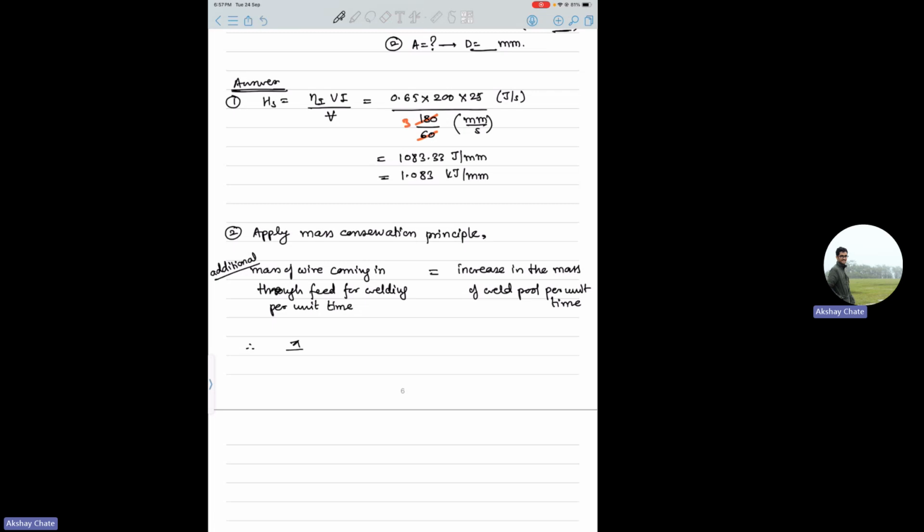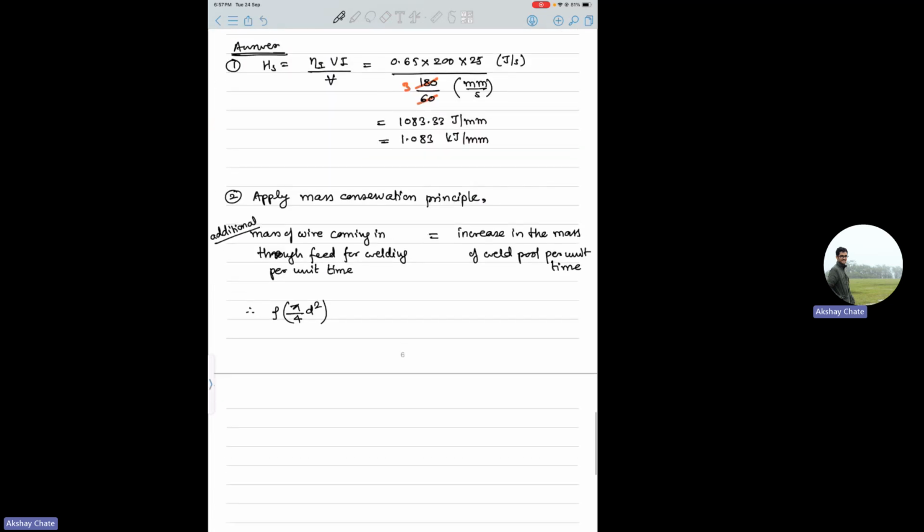So then you have pi by 4. See, the density of wire, let's say rho, then mass is density into volume, and volume will be area into velocity. So this is for the wire, and then you multiply by the feed rate of the wire. This has to be equal to density into, we assume that wire and plate are of the same density, if not given in the problem, then you have to assume.